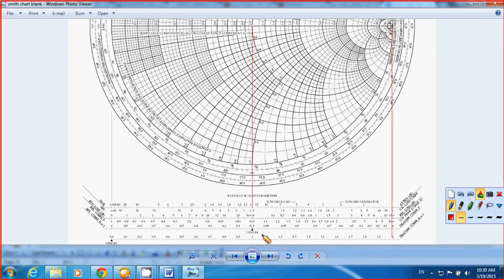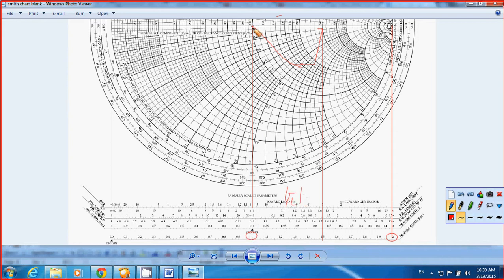From here to here, you see the number 1, and this is number 2. So if you use a compass, draw whatever intercept on the horizontal line, and you can draw the line down here, cut through the scale, and you know exactly what the magnitude of your tau L is going to be.